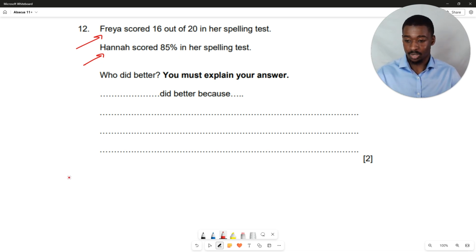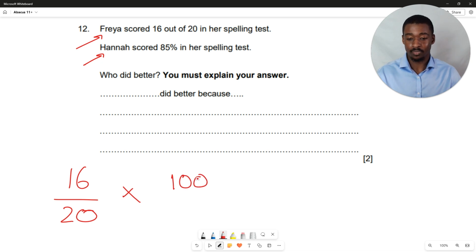The reason why is because if we take her score, 16 out of 20, to work out what percentage Freya got, we simply work out 16 over 20 multiplied by 100. Now we can take out the common factor of 20 across this diagonal, giving us 1 and 5.